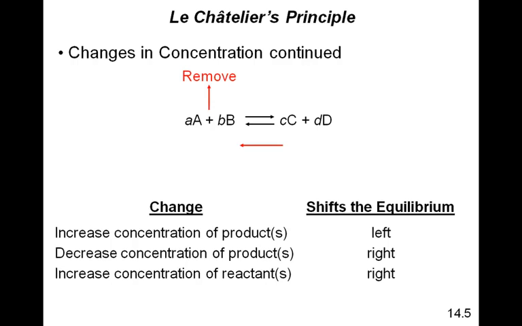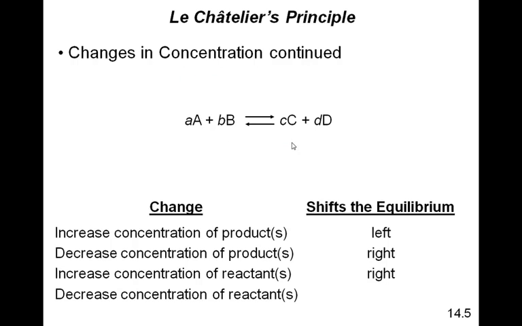Let's remove some of the reactants, therefore lowering their concentrations. And of course now we've reduced the amount of the two reactants, and so now we're going to have to shift to the left in order to try to make more reactant, which will reduce the amount of product. And so decreasing the concentration of the reactants causes it to shift to the left.